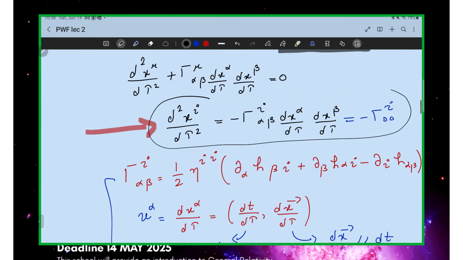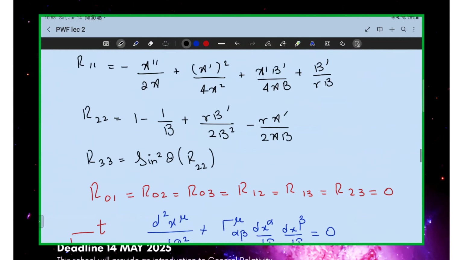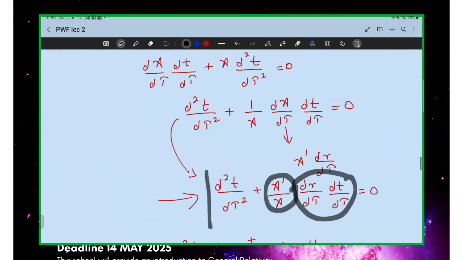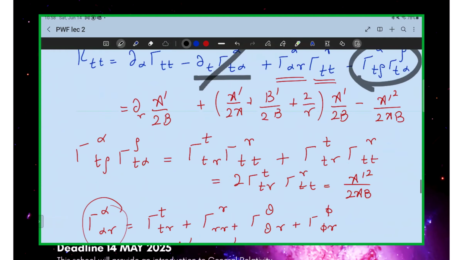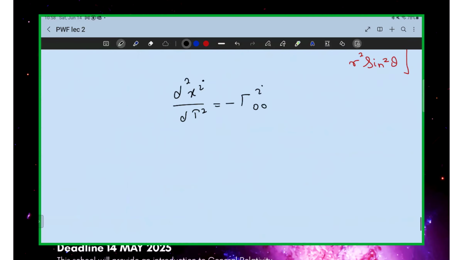So I said that in the stationary limit, the geodesic equation becomes simply that the acceleration is equal to minus the Christoffel symbol that corresponds to i00. Okay. So I'm just going to use that here. And I do have the expression for the Christoffel symbols. Dude, it's a long way down. Okay.